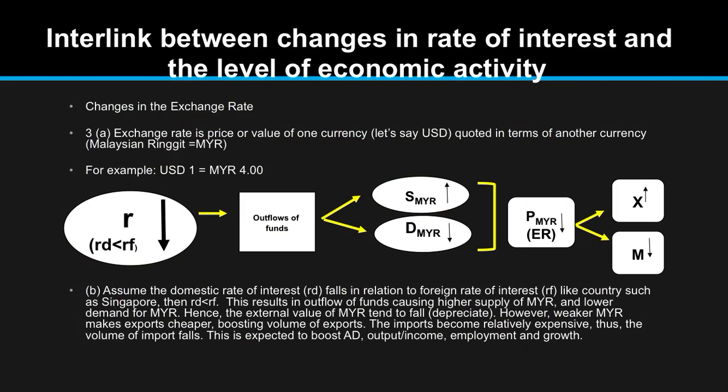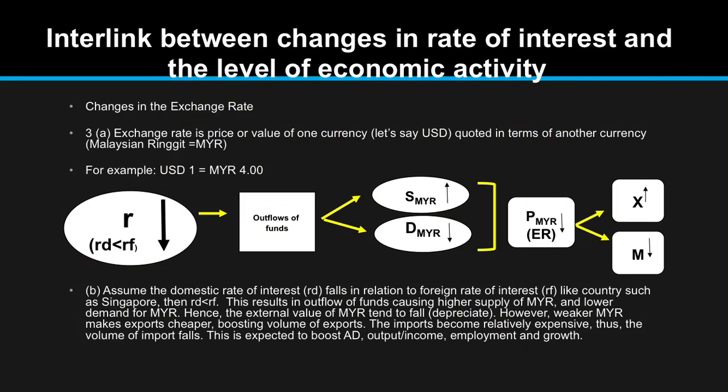When the domestic rate of interest is relatively lower compared to the foreign rate of interest, local savers or depositors may not be interested in saving in Malaysia, whereas they may be interested in saving in foreign countries, because the foreign interest rate is higher compared to the domestic interest rate.